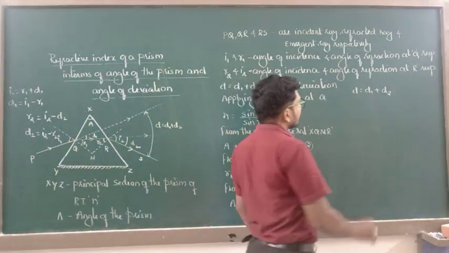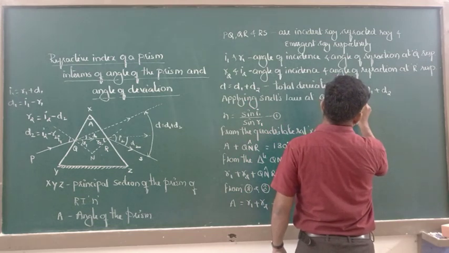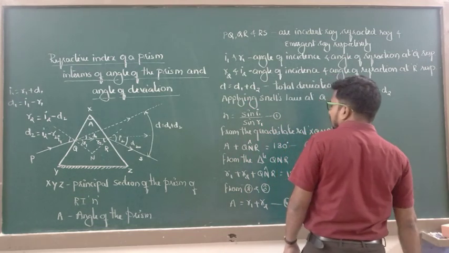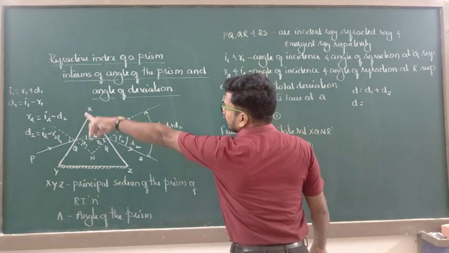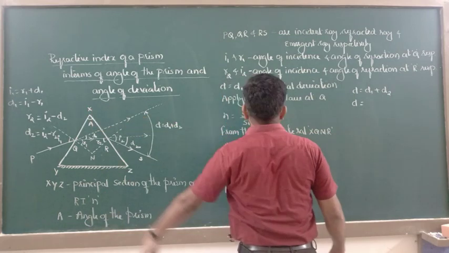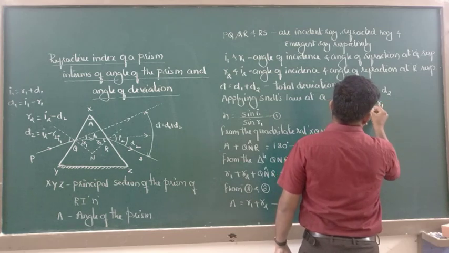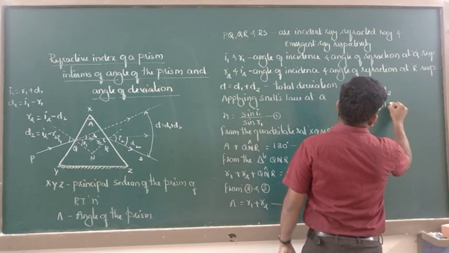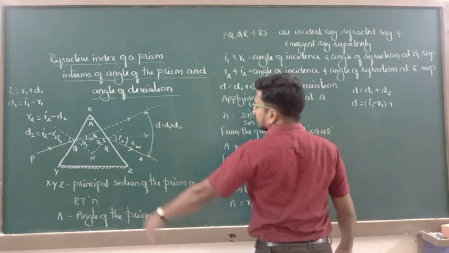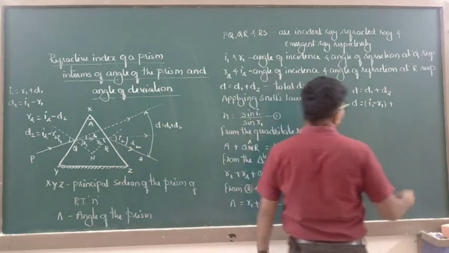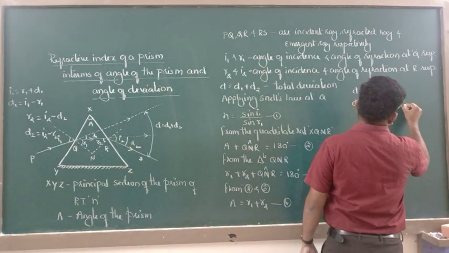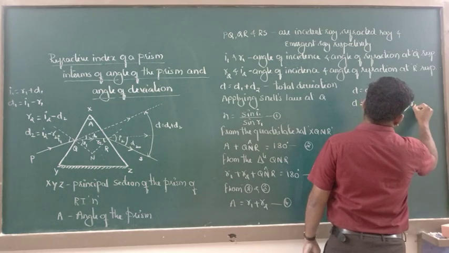And hence in place of D1 and D2 we can write D is equal to D1, which is I1 minus R1, plus D2, which is I2 minus R2.